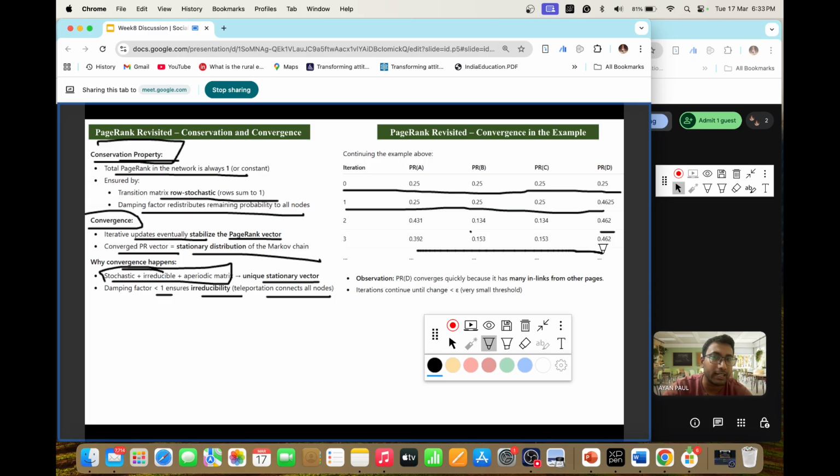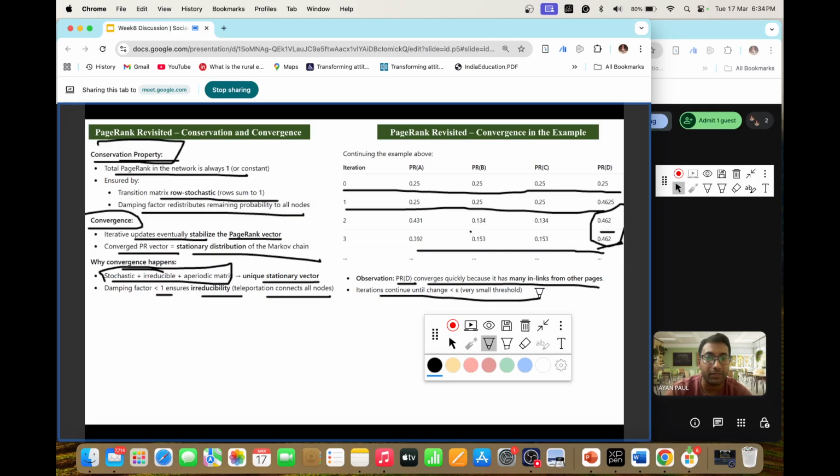This is the third iteration. So you can see the PageRank after each iteration. Observe that PR of D converges quickly because it has many inlinks from other pages. You can see it usually converges at 0.462, so this actually converges after two iterations.